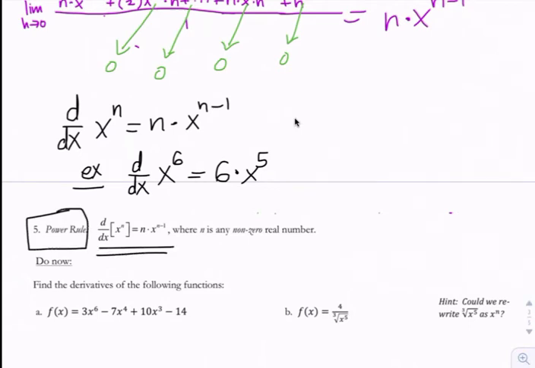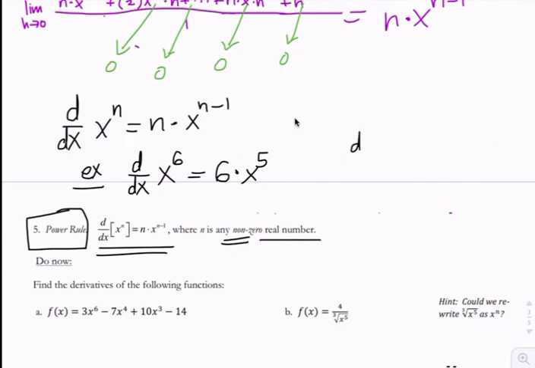And it actually turns out that although our proof is only valid for positive integers, because it depends on the binomial theorem, one can do a proof for any non-zero real number. So if n is equal to 4.5 or negative 3/8, it's still going to work. So here's a different example.